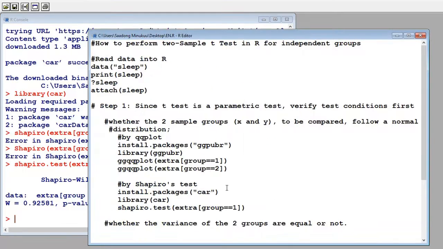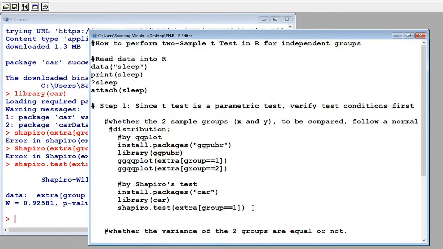Let's do the same for group 2. I will simply copy this code and put it down here, name it shapiro.test, and put group 2 here. Let me run it.